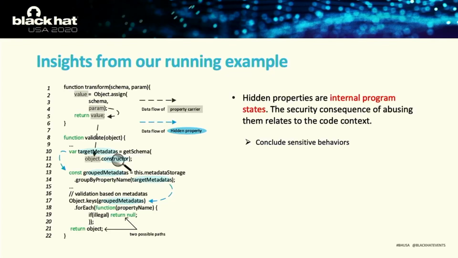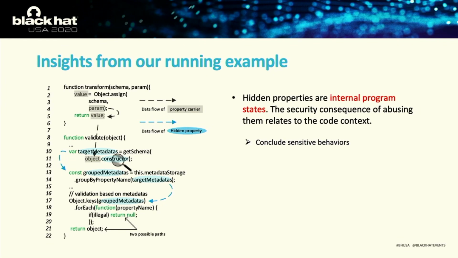Let's revisit our running example to see if there are any insights to guide us in designing such exploitation components. So the picture on the left is the vulnerable code from our running example. As we have discussed many times, HPA exploits internal program states, which means its exploitation highly relies on the code context.